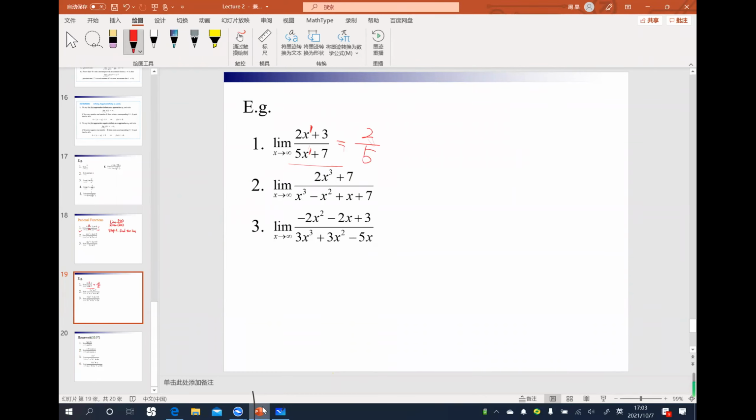And here, can you tell me the limit? 2. Yeah, that must be 2 by 1, so the limit must be 2. But here you can see they have different powers, right? The highest power is different. So you cannot use this skill, and we will learn how to solve this kind of rational function next week. They have the same power, and we can use this skill.